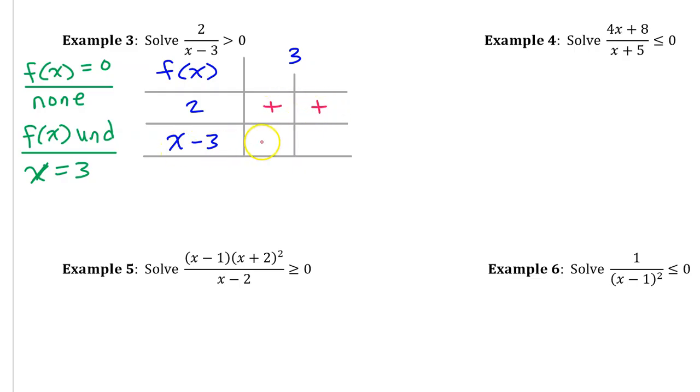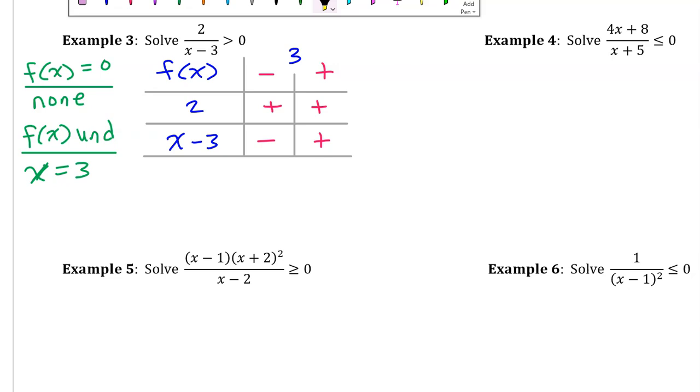X minus 3 will be negative to the left of 3 and positive to the right. So the overall sign of f of x is negative in the first interval and positive in the last interval. Will the solutions be where f of x is negative or where f of x is positive? We want the values of x that will cause this expression to be greater than 0.